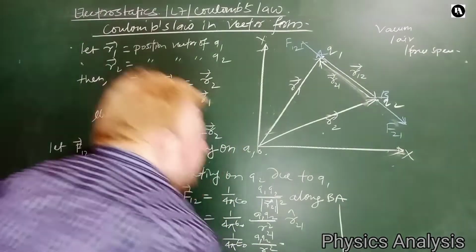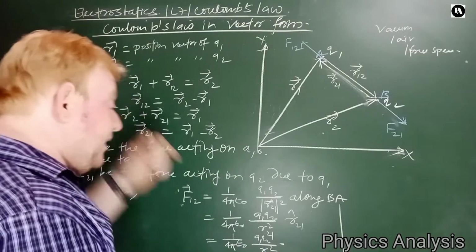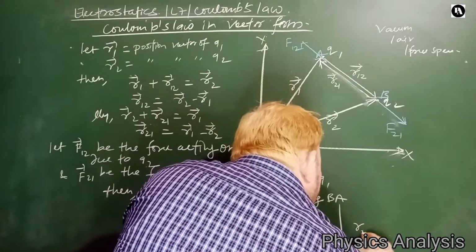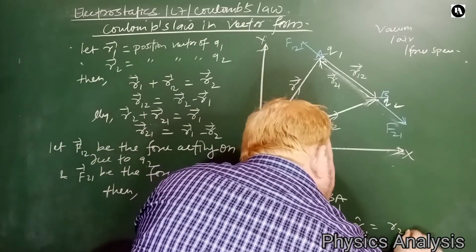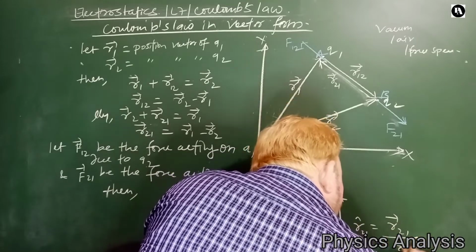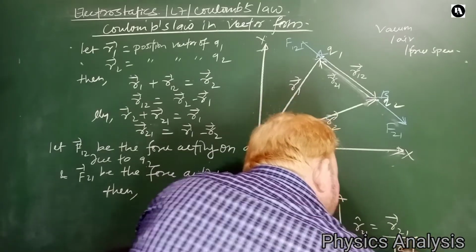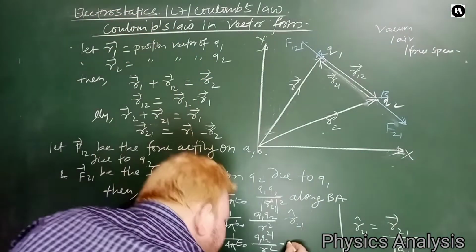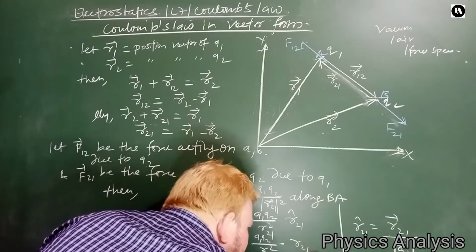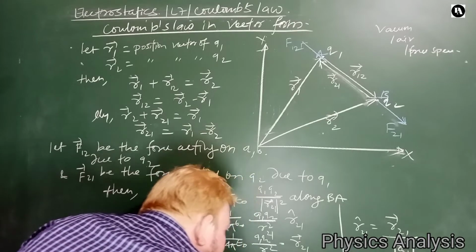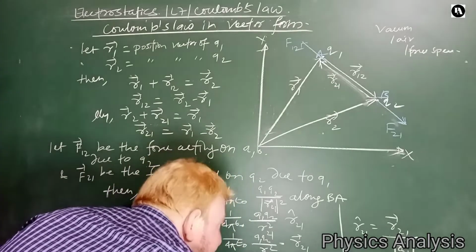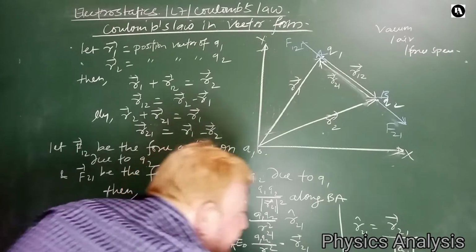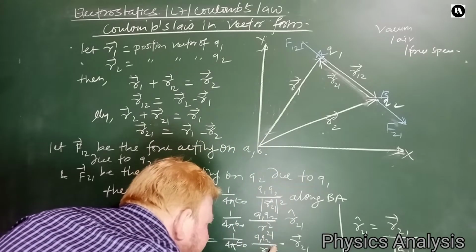See how to find out unit vector R21, it will be equal to R21 vector divided by R21 magnitude, this only you know. So here I can write R21 vector, and in place of R21 divided by R21 mod, here I can write cube.